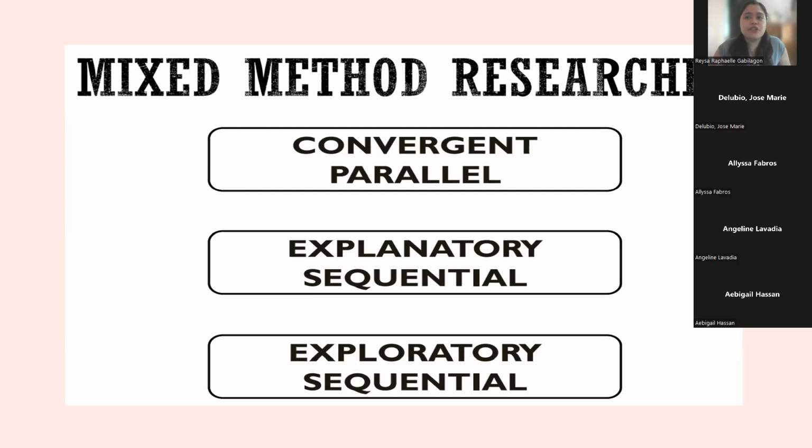But mixed method researches class have sub-classifications or subtypes also. And we only have 3: convergent parallel, explanatory sequential, and exploratory sequential. So let's get to know them one by one kasi baka lang naman may magkakandak sa inyo ng mixed method research. Pero most of the time, ang gumagawa ng mixed method yung mga nagmamaster.